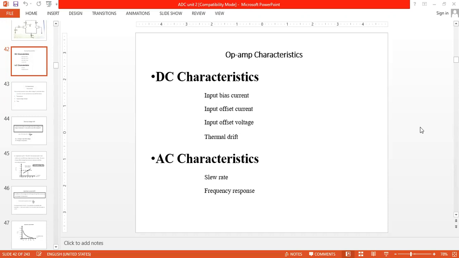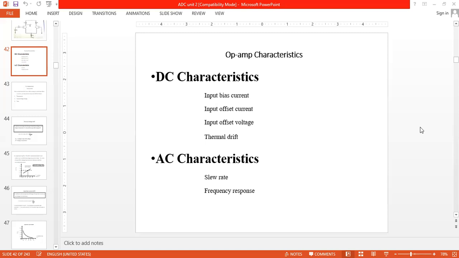That means, in an operational amplifier in practical conditions, if you give an AC input, how the characteristics will vary, as well as if you give a DC component, what will happen on the output side and what change occurs in the operational amplifier. We are going to discuss that in this chapter.